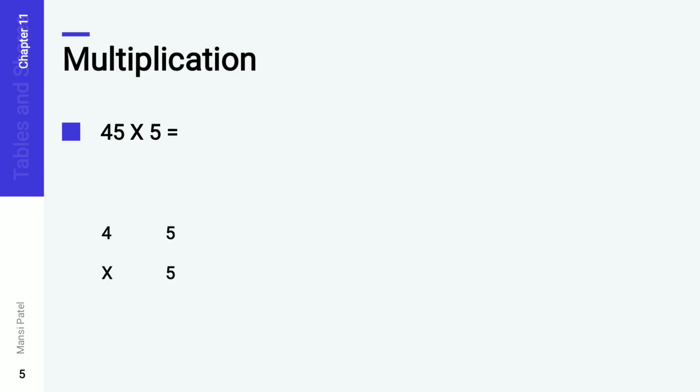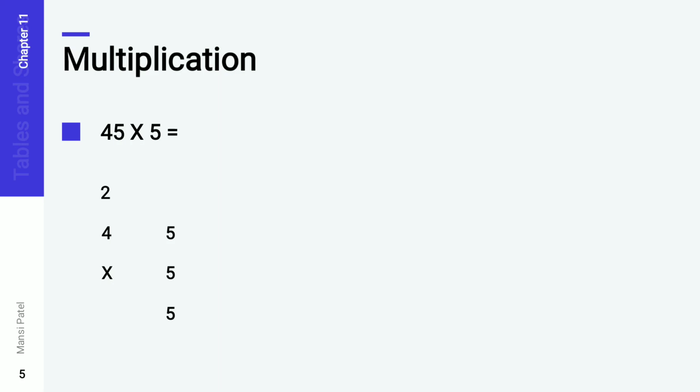So what do you want to do first? You have to do the multiplication of ones place by ones place, means 5 multiplied by 5. 5 5s are 25. So you are not supposed to write down 25 here. 5 we have to write down here and 2 in the carry.